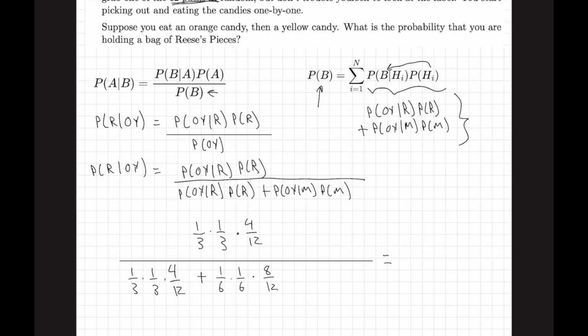So we have 1/9 times 1/3, which is 1 over 27. Over here, we have the same thing, so 1 over 27 here. And then plus 1/6 times 1/6, which is 1 over 36, times 8 over 12, which is the same thing as 4 over 6, right?